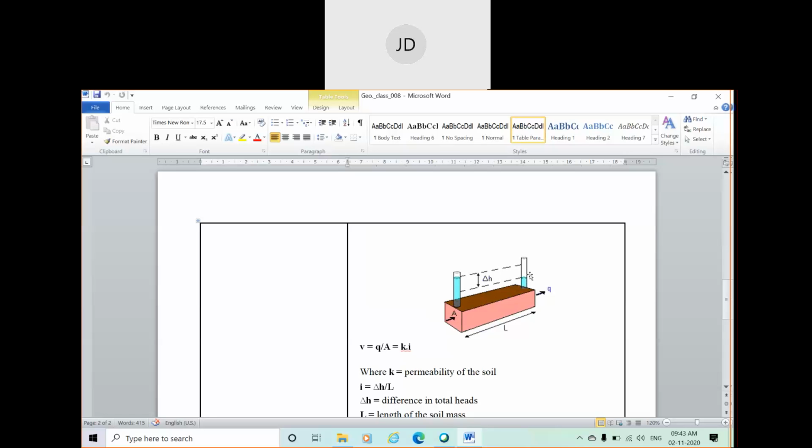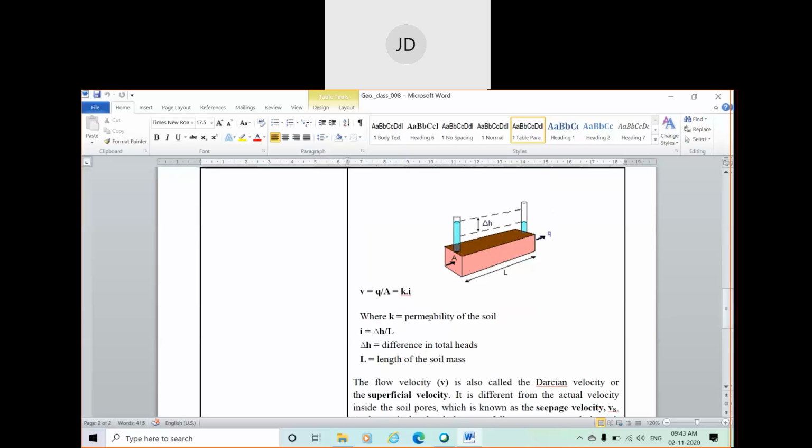That means there is a pressure difference, or head difference, represented by delta H, the difference in total head. L is the length of the soil mass and A is the cross-sectional area.